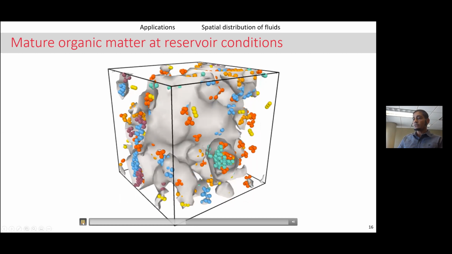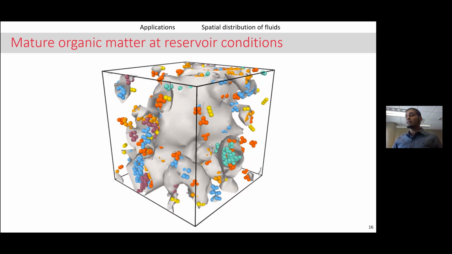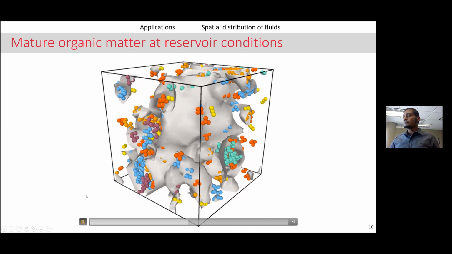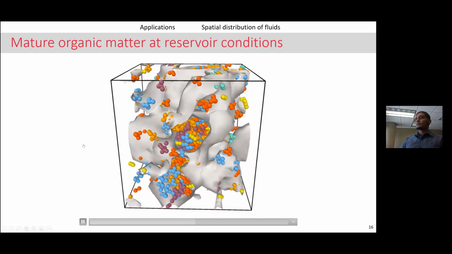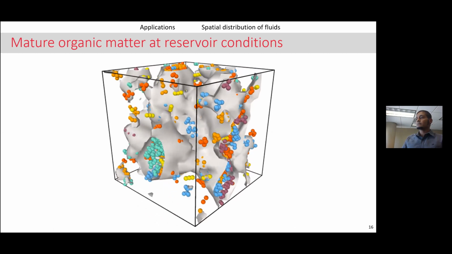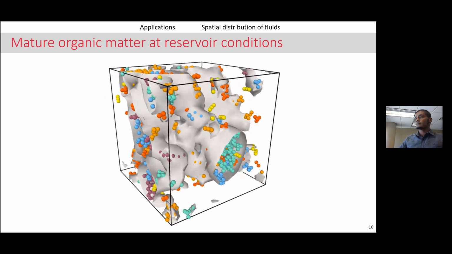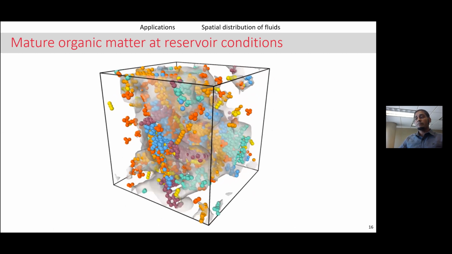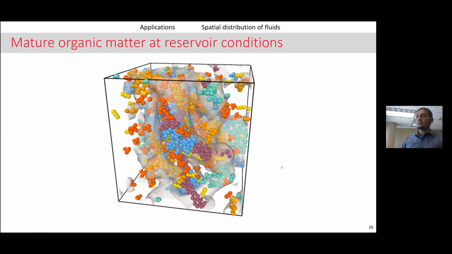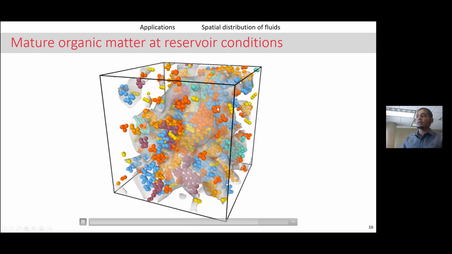And if I were to pause this right here, you can see the fluid molecules residing in the pores over here. And this gray surface again encloses the pore volume within that kerogen blob. And now I've made the pore surfaces translucent, and you can see all of the fluid molecules contained within this kerogen model.